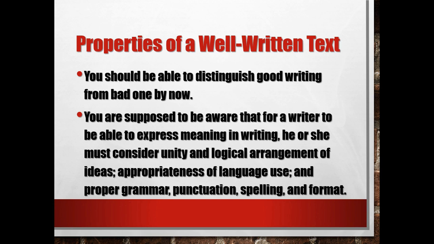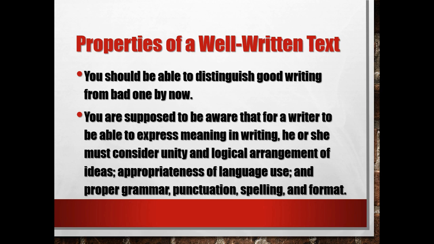You should be able to distinguish good writing from bad just by looking at how organized the ideas are. You're supposed to be aware that for a writer to be able to express meaning in what he is writing, the writer must consider: 1.